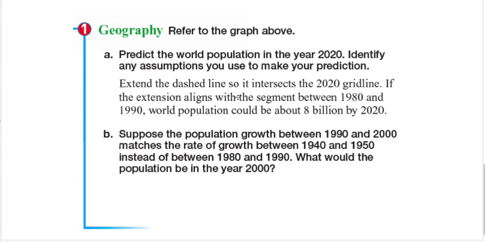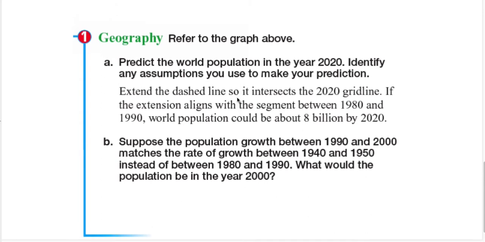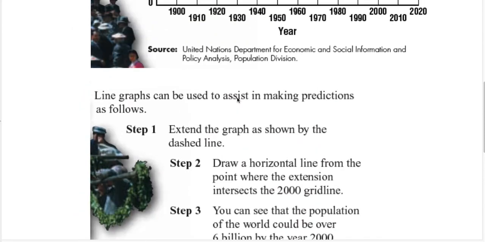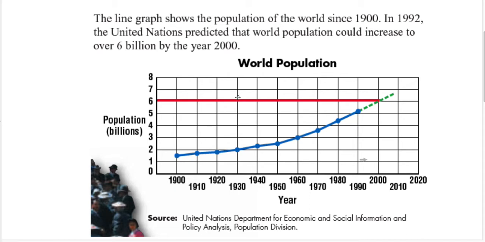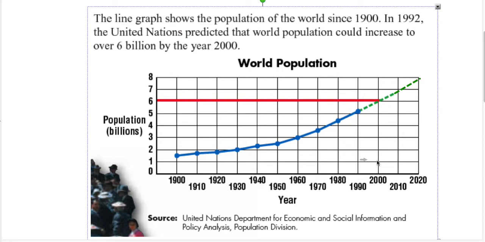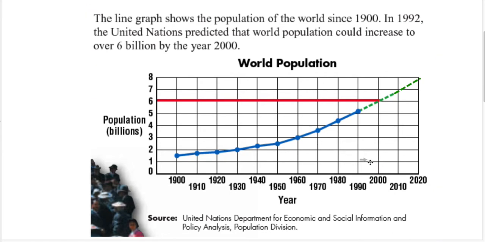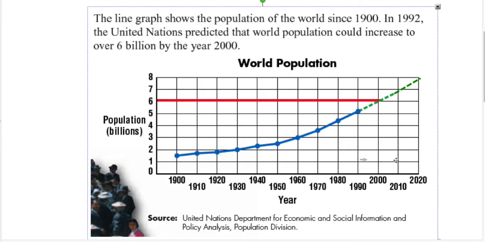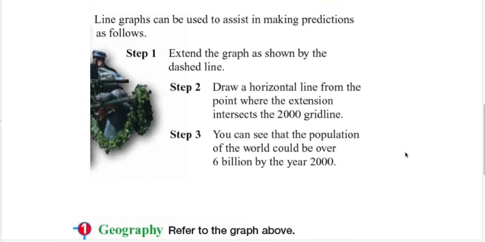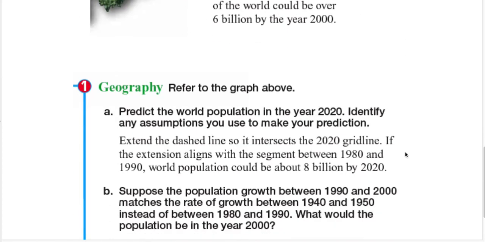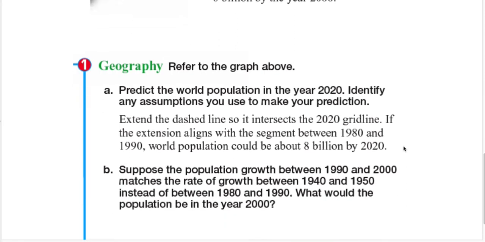If this extension aligns with the segment between 1980 and 1990, world population could be around 8 billion by the year 2020. How does that work? By creating that line, if you notice, it crosses all the way to 8. And that's how it says here the world population could be around 8 billion by the year 2020.